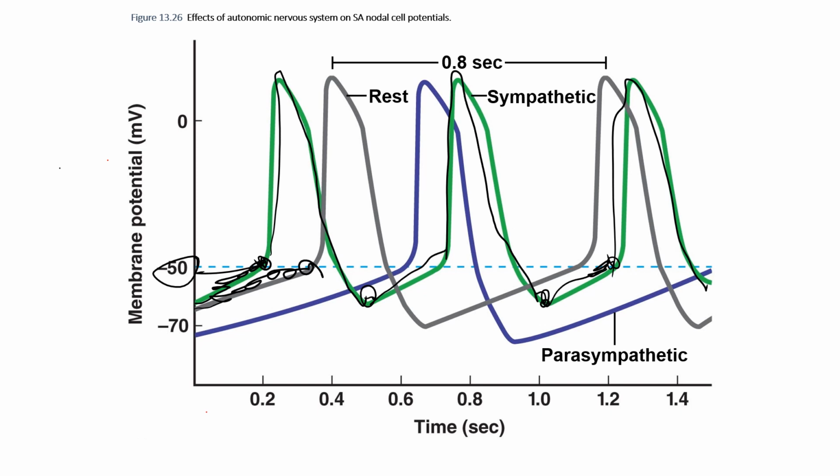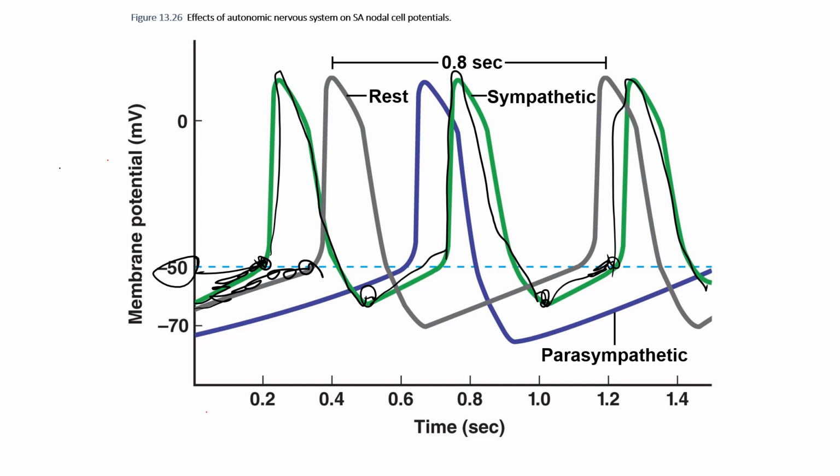Of course, if the SA node fiber has more funny channels open than normal, and sodium is coming in at a greater rate than it typically is, the SA node fiber is going to depolarize to threshold faster, and that's going to happen every single time.